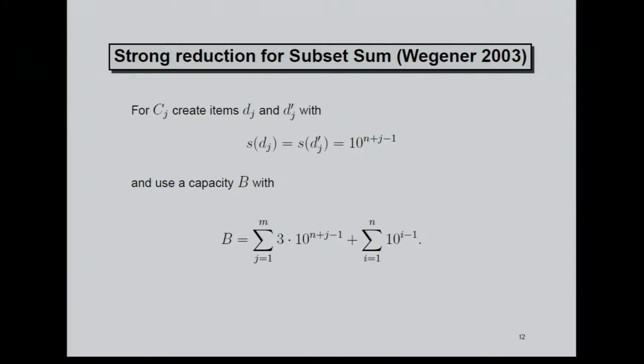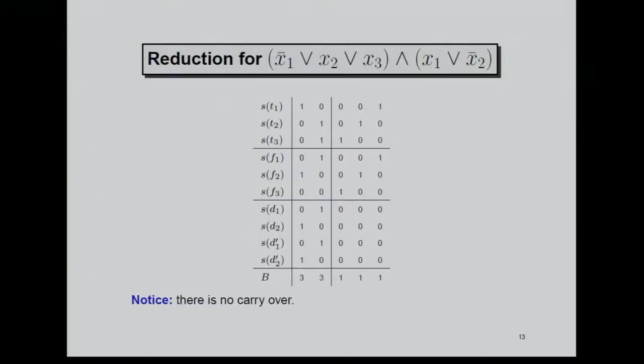So let us look at an example. Here's a reduction. We have two clauses, three variables, and you see here the corresponding indices for the variables in both cases. For instance, x1 is in the second clause, therefore we have a 1 here. And x1 bar is in the first clause, therefore we have a 1 at this position. So it directly encodes the containment of variables in the corresponding clauses.